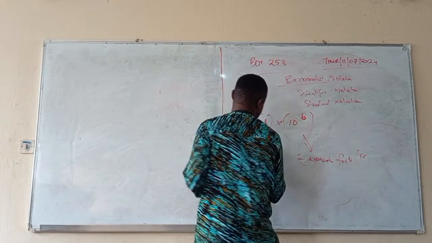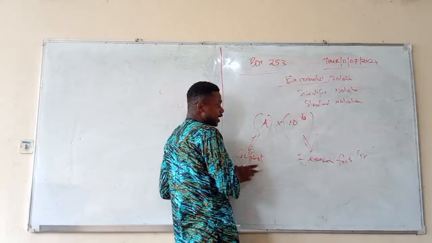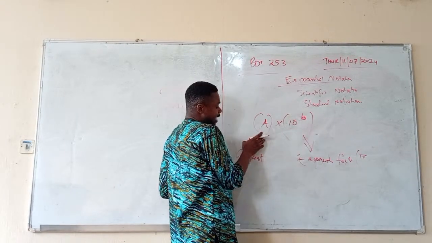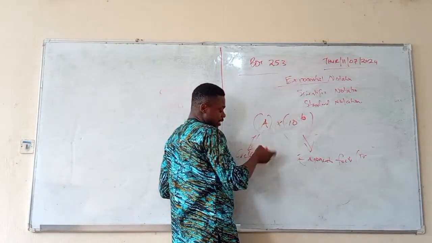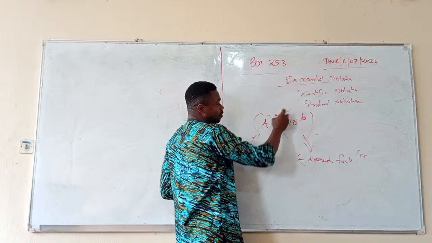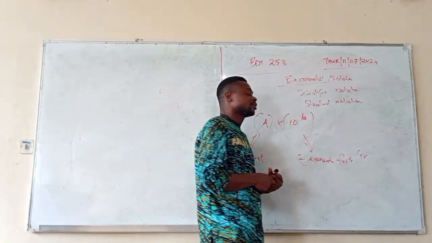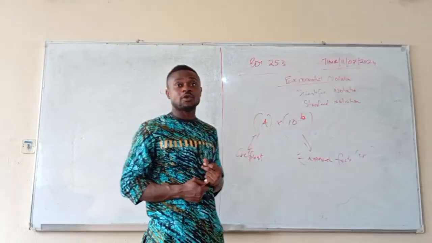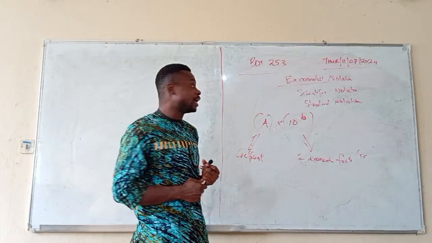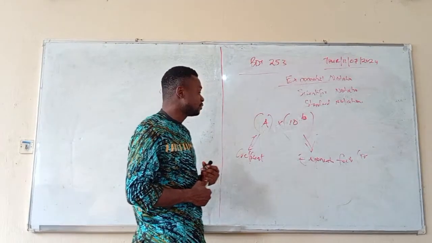So if you see a number represented in this form, A times 10 to the power B, where the first part A is the coefficient and the second part B is the exponential factor, such a number is said to be in exponential notation, or standard form, or scientific notation.